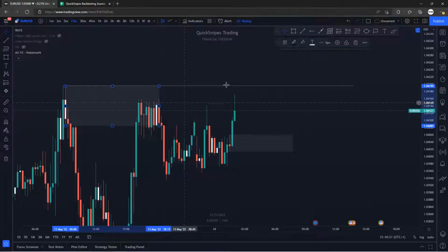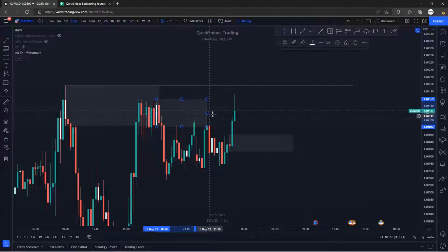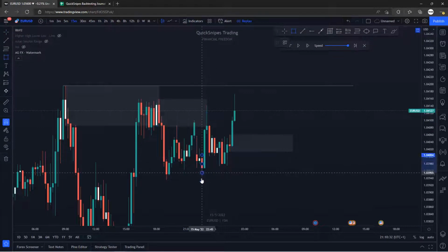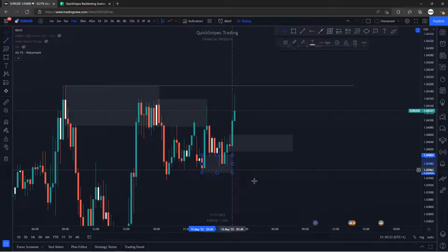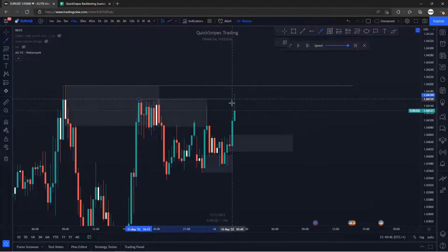Yes, we've broken this supply zone, which is marked up over here, but you need to be cautious that that was probably the mitigation, came down, reacted off of this demand zone. However, we haven't broken this original supply. So it could be that supply is still in control and we've just used this area of liquidity as a liquidity sweep.